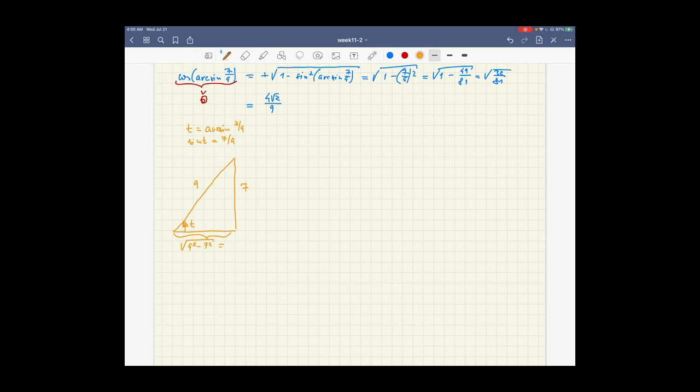That's 81 minus 49, that's 32, which is 16 root 2. So of course cosine t is 16 root 2 over 9. Oh, over 9. Excuse me, that's 4 root 2. 4 root 2 over 9.